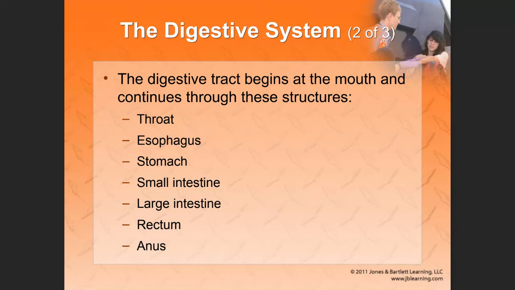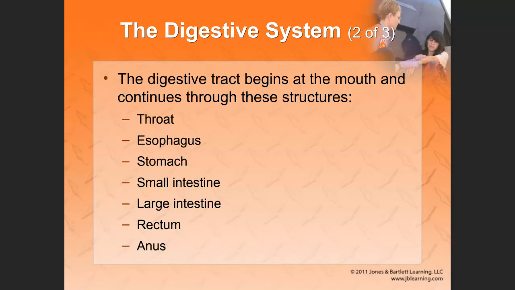So it starts within the mouth, then it passes through the throat to the esophagus, to the stomach where chemicals break it down. Then it enters the small intestine. When it enters the small intestine, that's where the majority of the water and nutrients will be absorbed from the food.